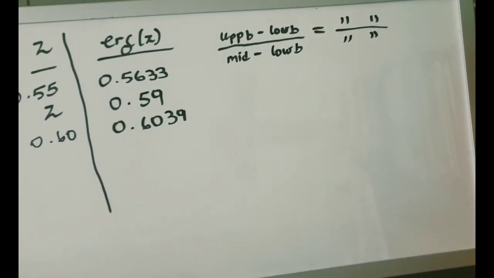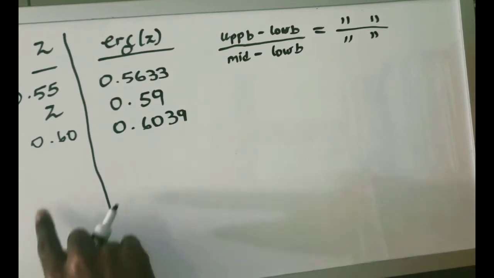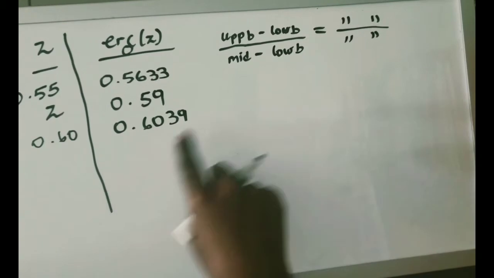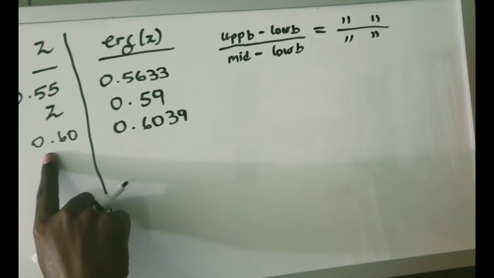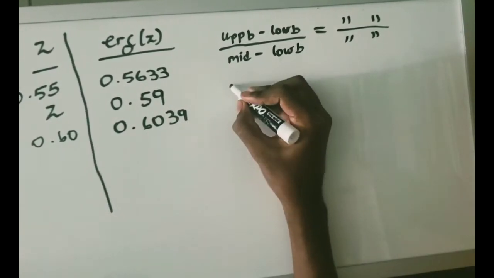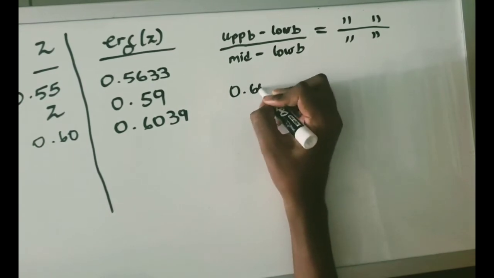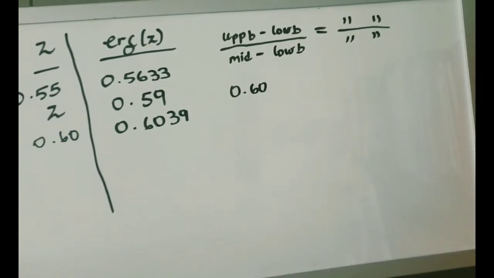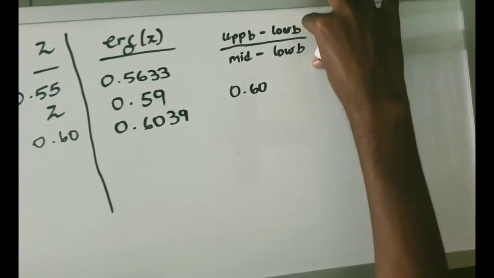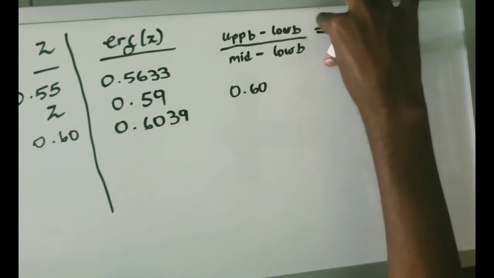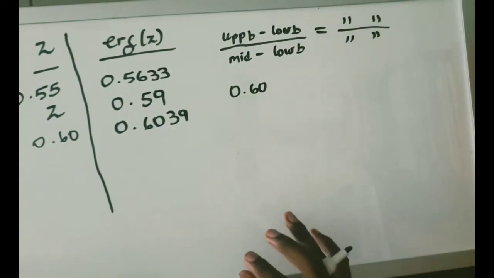Alright, now let's try and find z. If we look, we see that our upper boundary is 0.60. It doesn't matter which side the z is on, once you keep the corresponding formula, it will work out to be right.